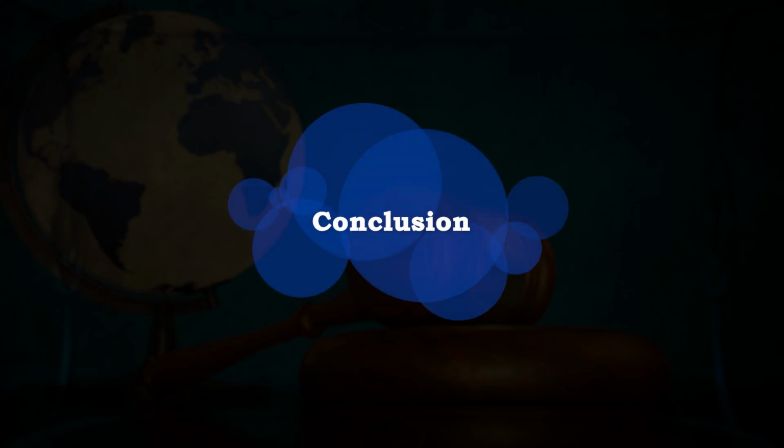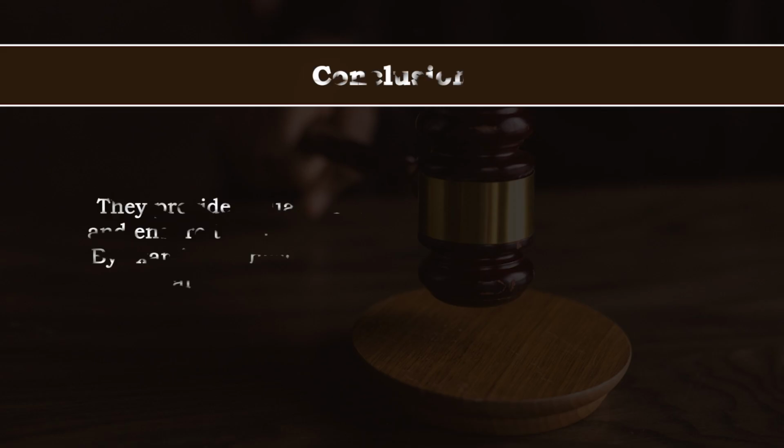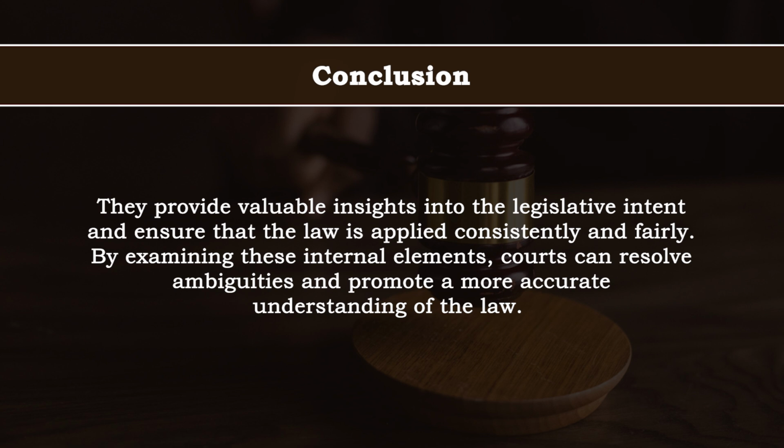Now, these were all the internal aids, and now we are coming to the conclusion. Internal aids to interpretation are indispensable tools for legal practitioners and judges in deciphering the meaning and intent of statutes. They provide valuable insights into the legislative intent and ensure that the law is applied consistently and fairly.